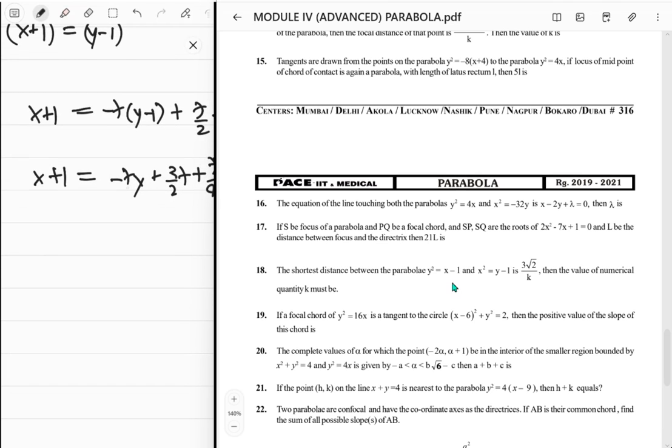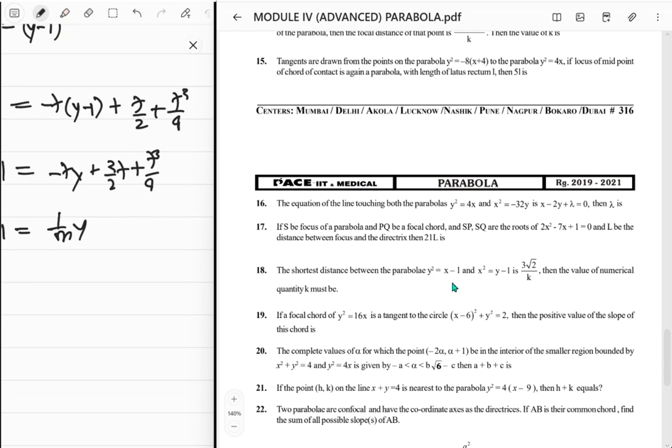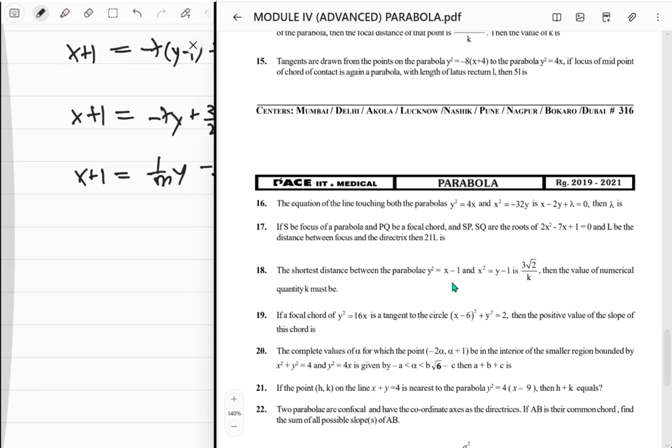So over here, minus t is 1 upon m, right? More likely t is negative 1 upon m, just put that everywhere. So it's supposed to be x plus 1 is equal to 1 upon m times y, then minus 3 upon 2m, and then minus 1 upon 4m cube, and then just multiply by m, I think, right?